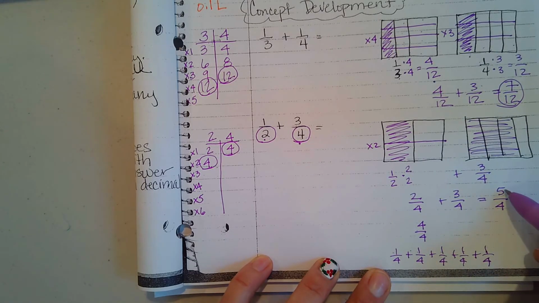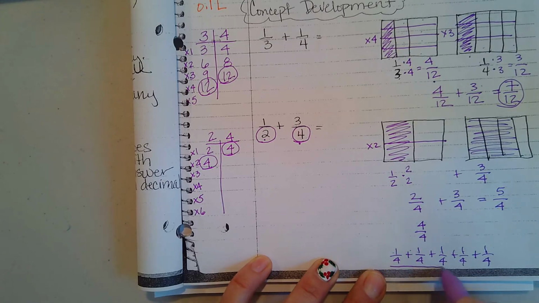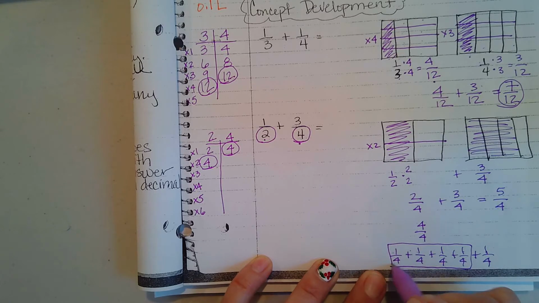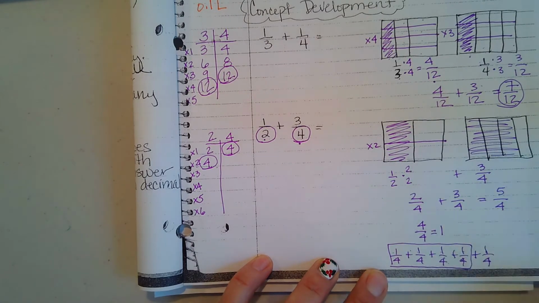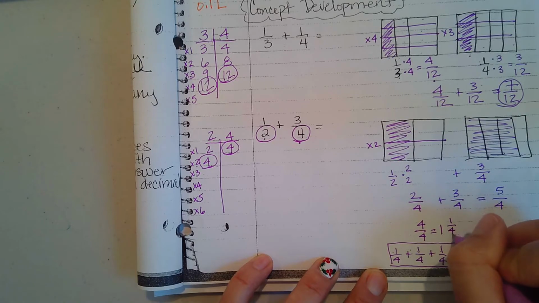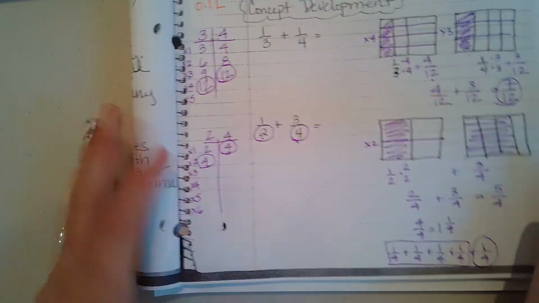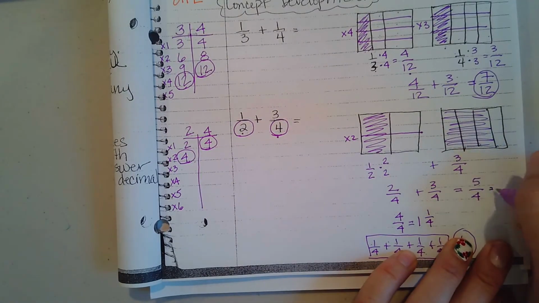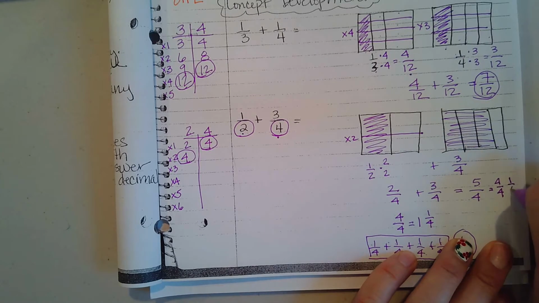That's what 5/4 is telling me. So if I capture 4/4, I know that equals 1 whole, right? And what is left over? 1/4. So what I like to do is pull out the whole right away and then see what's left. And I end up with 1 1/4.